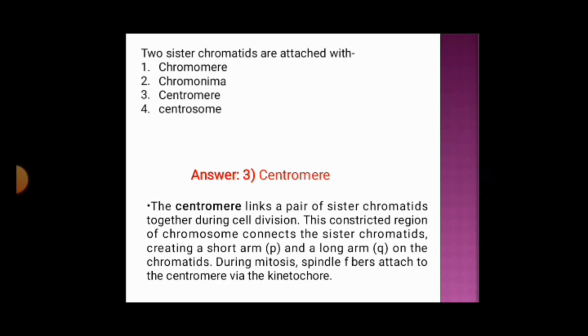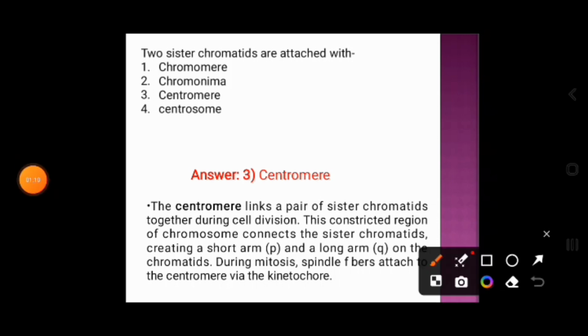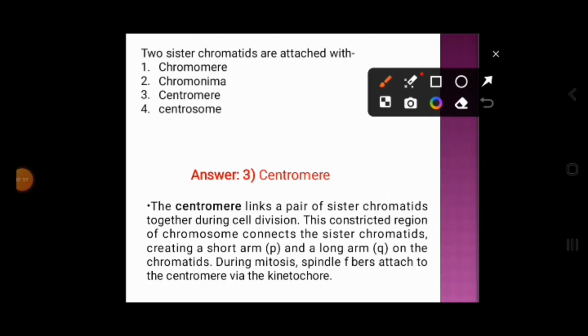Centromere links a pair of sister chromatids together during cell division. This constricted region of the chromosome connects the sister chromatids, creating the short arm P and long arm Q on the chromatids. During mitosis, the spindle fibers attach to the centromere via the kinetochore.